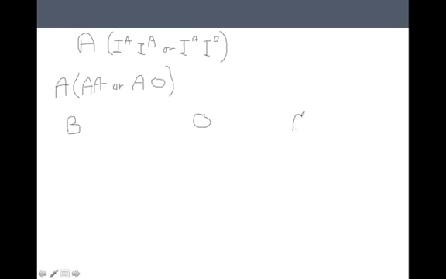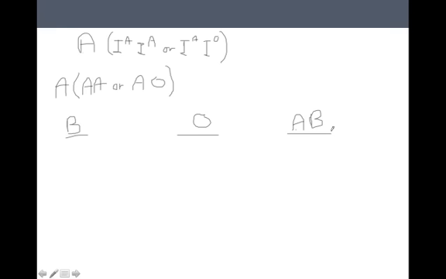Let's make them AB. Now the question is, which one of these is the father? Which one of these is not the father? And can we be sure about any of these?